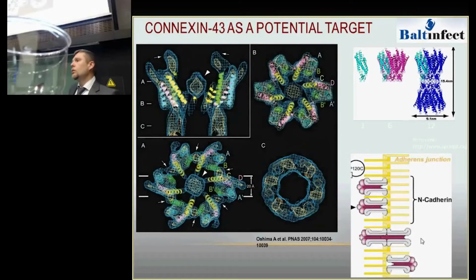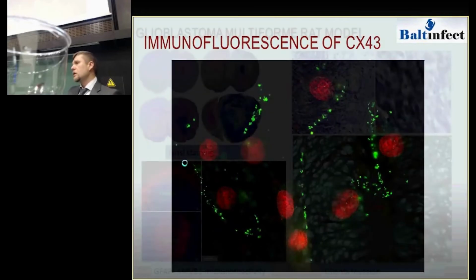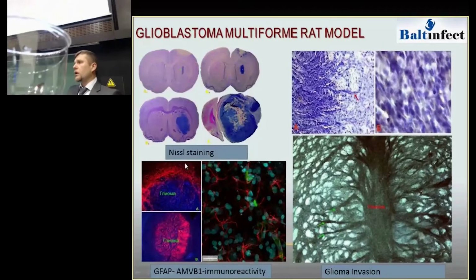So we cloned the second extracellular fragment of connexin 43 and produced monoclonal antibodies. These monoclonal antibodies could detect it by staining of living cells, and after staining cells were fixed. So you can see connexin 43 on living cells. It's glioma cells, and here is our glioma model.